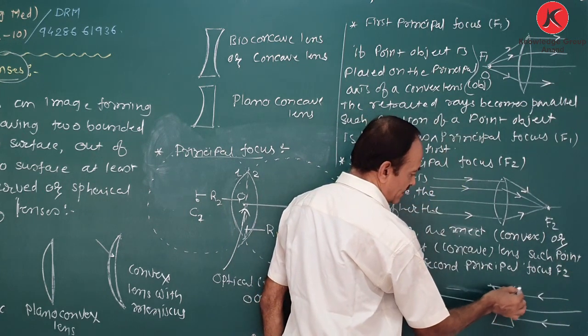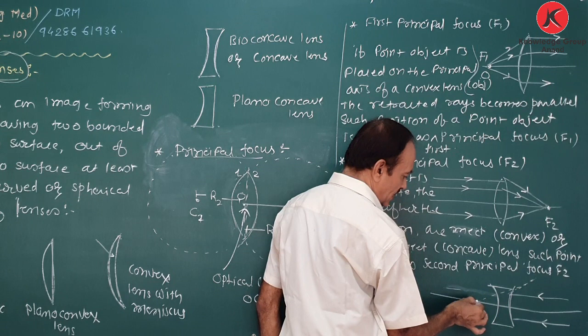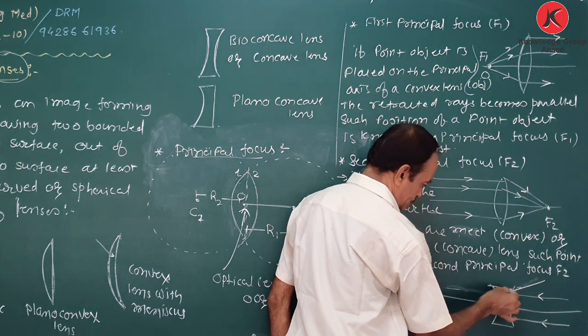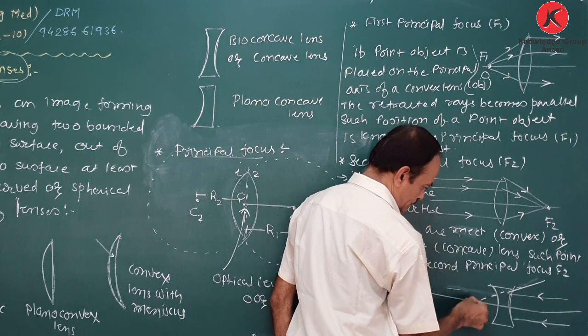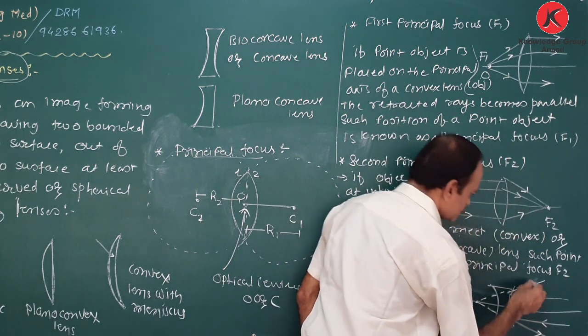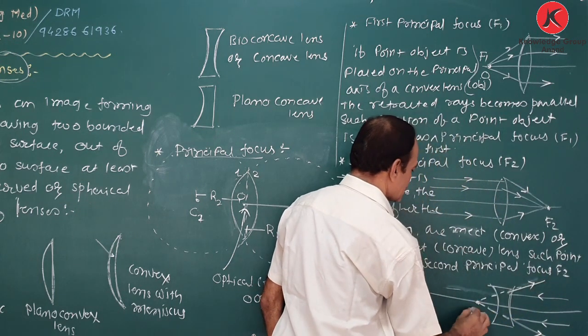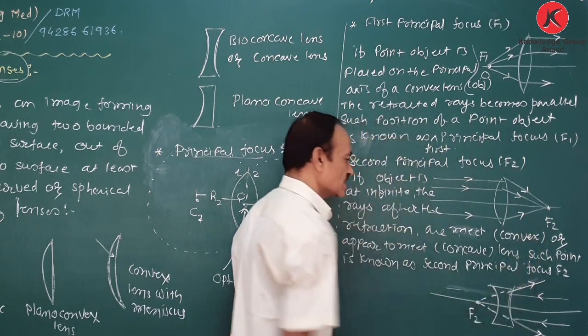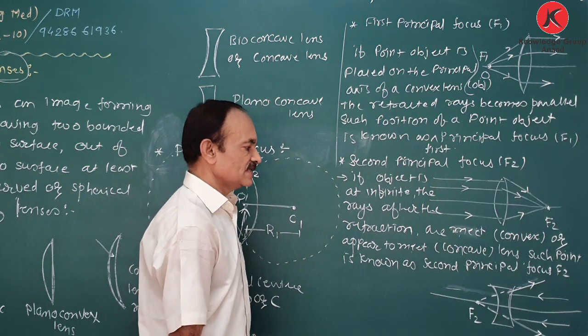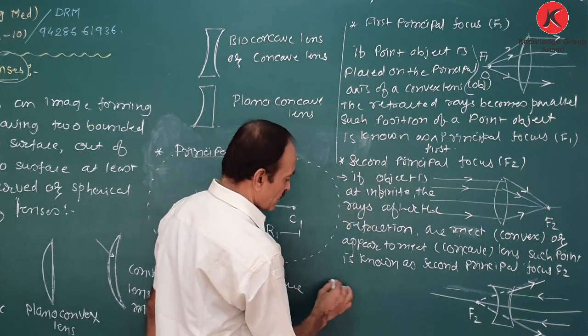After the refraction, these rays appear to meet at this point. So that is the second principal focus in the case of a concave lens. Right? Okay. Now one more thing.